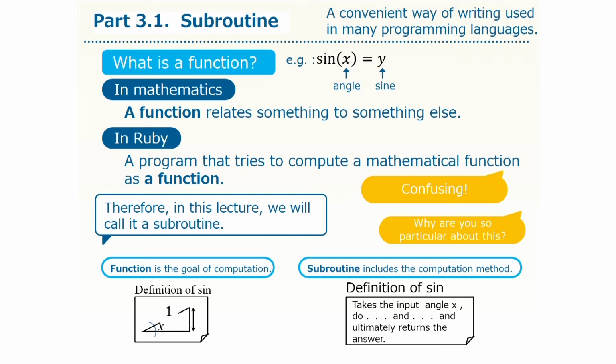On the other hand, a subroutine must specify a computational method. Therefore, as a subroutine called sine, we must state how to compute the sine of the trigonometric ratios from a given angle x. In that sense, when we speak of subroutines, think of including the computational method.